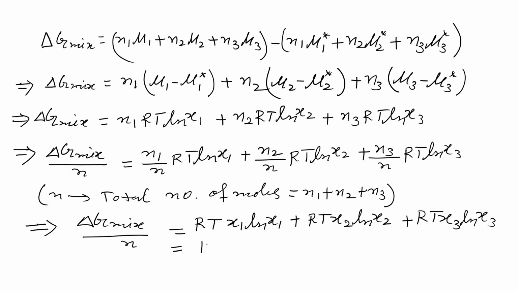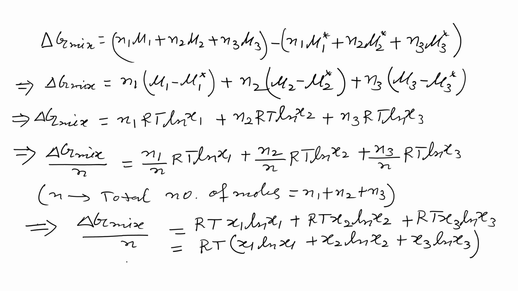If I take RT common, that is x1 ln x1 plus x2 ln x2 plus x3 ln x3.